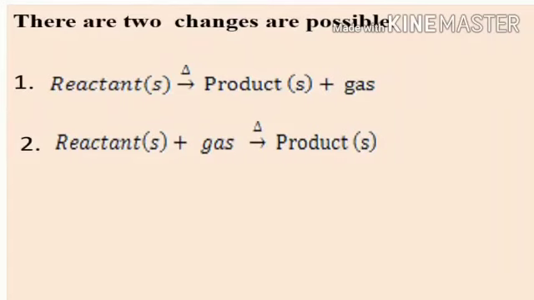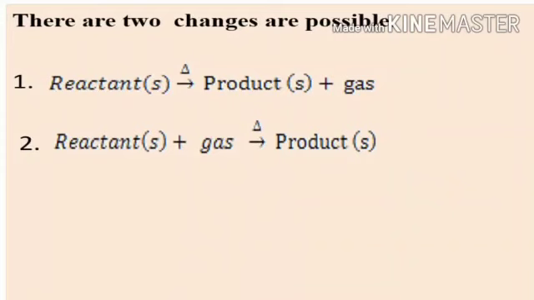This loss may be due to the gas which is obtained by decomposition of reactants on heating, or the loss may be due to water molecules present with the reactant. This water is essential water.